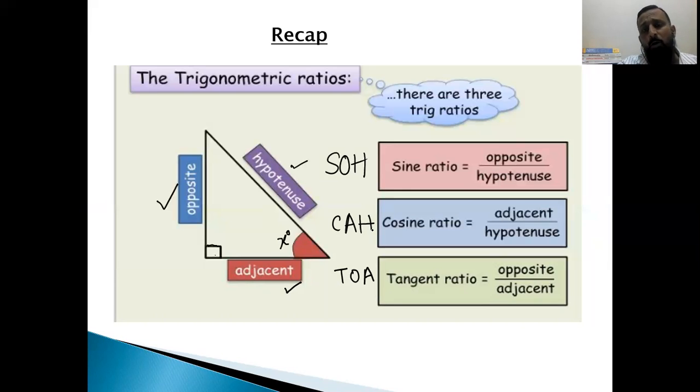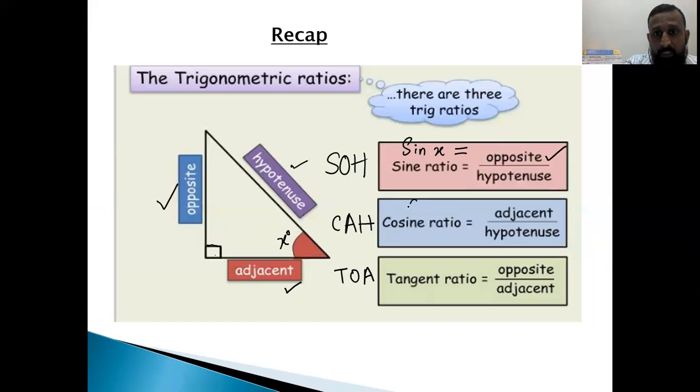Now, what does SOH tell us? SOH: S stands for sine, O stands for opposite, and H stands for hypotenuse. So if I consider this angle x, my sine x degrees equals opposite upon hypotenuse, that you can see here. Next, CAH. C stands for cos, A stands for adjacent, and H stands for hypotenuse.